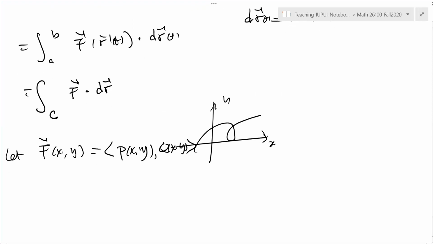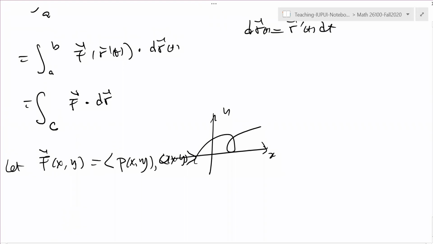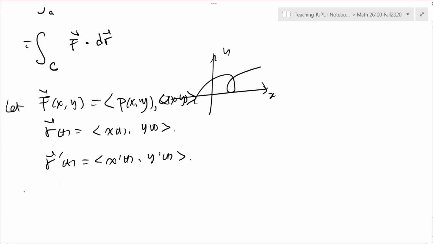If it's in two components, and r prime t is going to be x prime t, y prime t, right? Then we have, I don't need to find the landscape. So the integral, and t is from a to b, the integral of this.